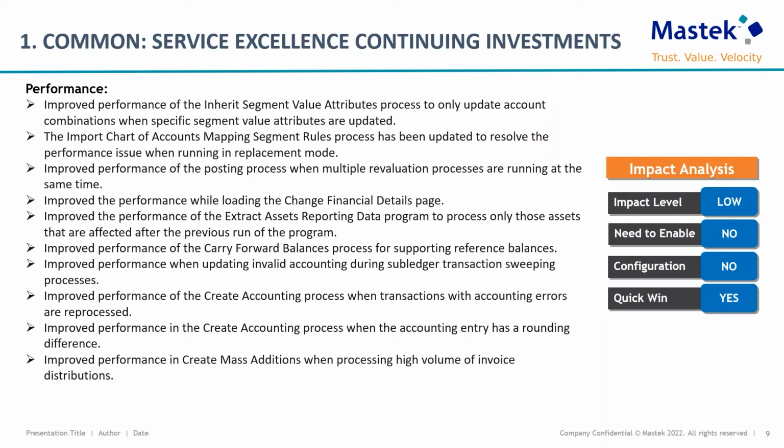A few examples of those would be inherit segment value attribute, or import chart of account mapping segment rules where the process might take a longer time to run. So all those processes which take a much longer time than expected to run, Oracle has done some improvement to reduce the time and the system load as well. So the process gets completed within a short amount of time as compared to before.